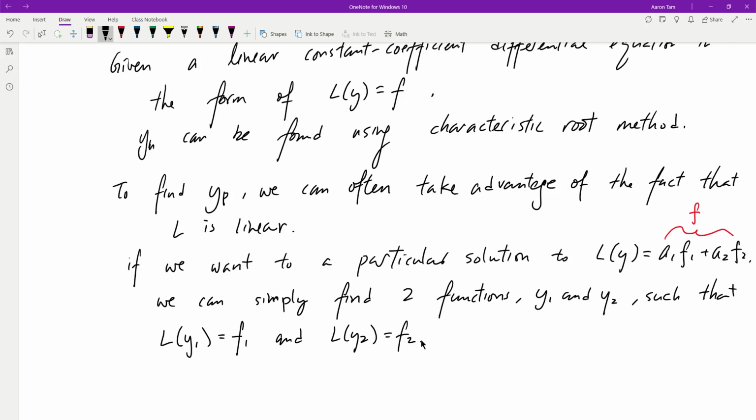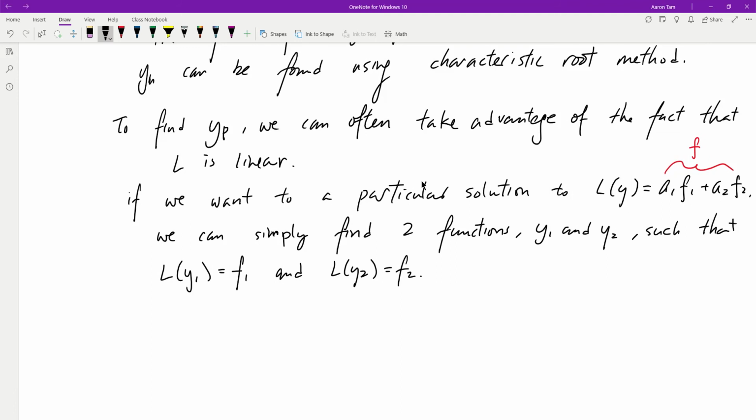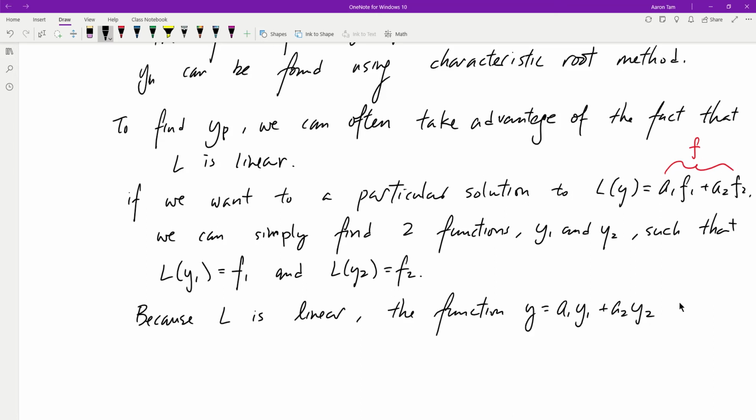Now the question is, how does it help? Well, because L is linear, the function y equal to a1 y1 plus a2 y2 will now satisfy this equation.